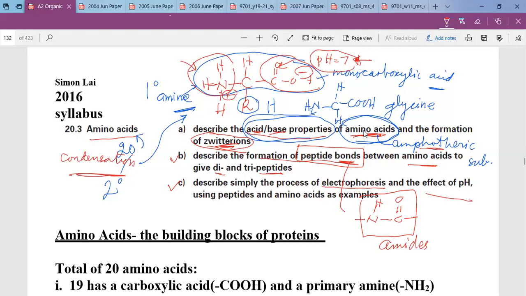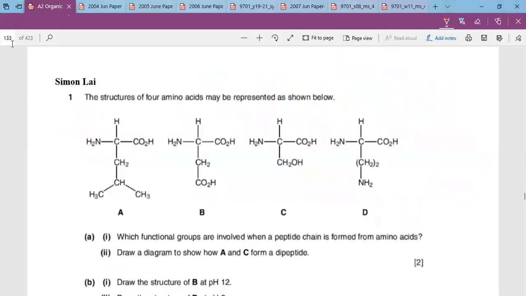So now let's look at some of these questions, and then I'll discuss the theory from there. Okay, question 214. Here's a simple question.